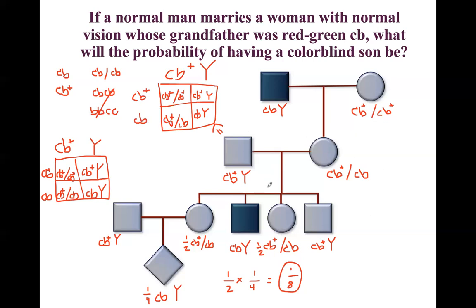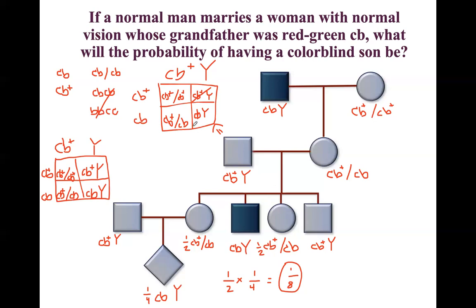And I asked, what are the chances that she is a carrier? She's CB plus. What are the chances that she's a carrier? In this case, and it wasn't obvious at the moment, she cannot be this. If she was, she would have a Y and she would be male.